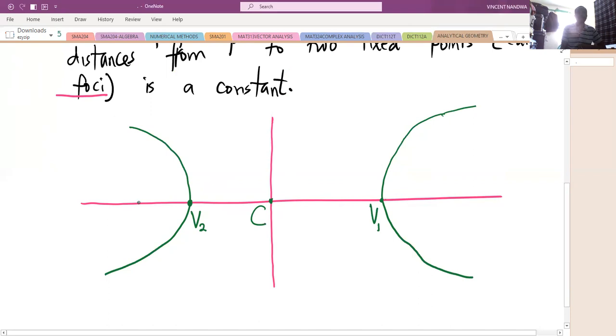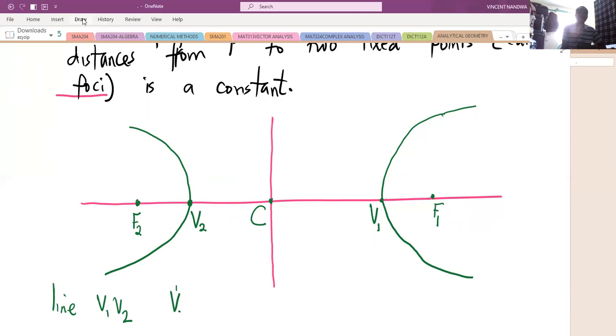And then at this point here, we have what we call the focus, call it F2, and another one here is called F1. So these are the two foci. The line joining the vertices V1 and V2 is called the transverse axis.